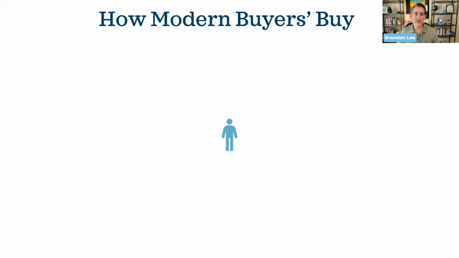So the way buyers buy is they are the center of their world. And if they don't need to take a cold call in order to talk to a salesperson in order to learn information, then sellers, we've got to figure out how we get their attention differently.